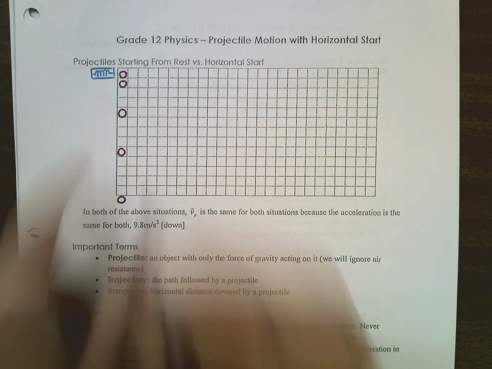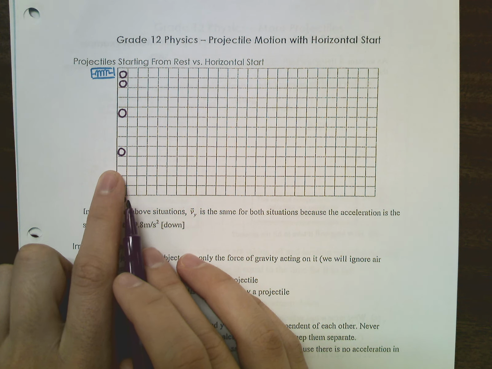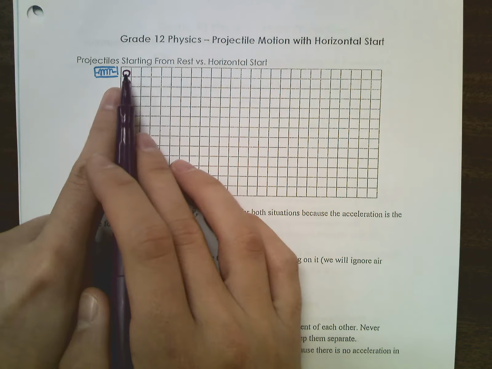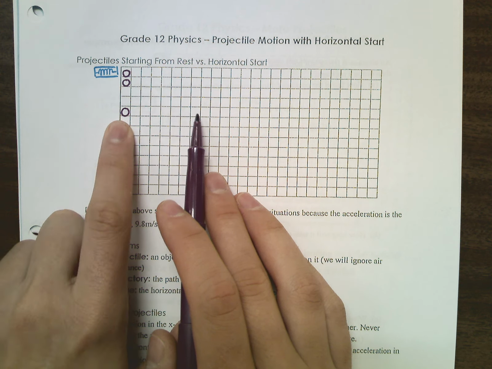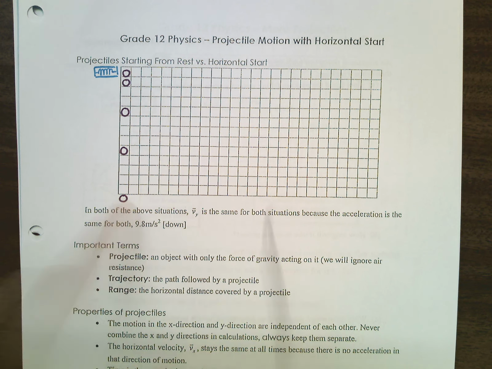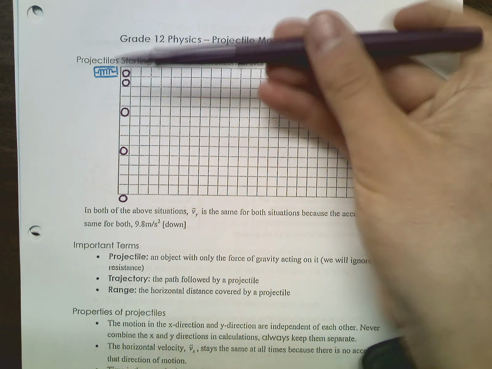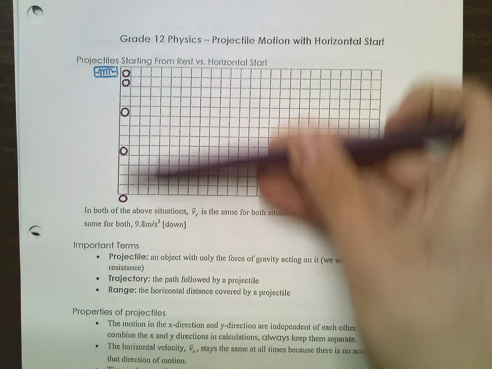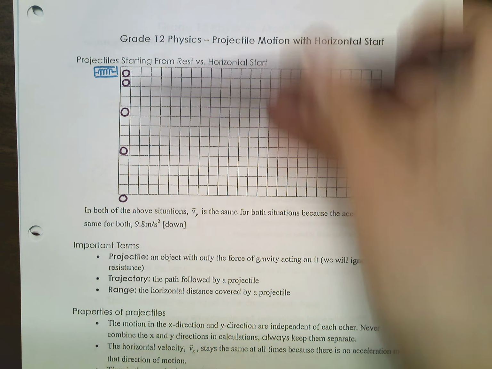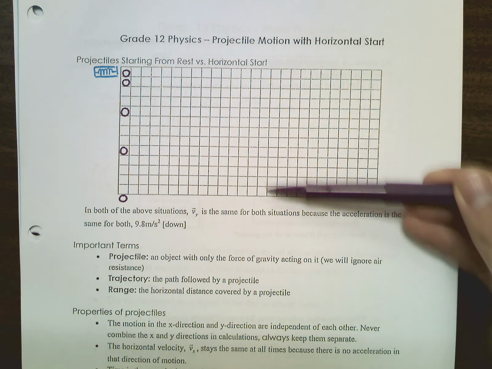It only has that same acceleration in the y direction. So what you're going to notice is our x distances between our snapshots of the ball are not going to change in distance. However, there's going to be no difference between it falling from rest and it falling from a horizontal start.